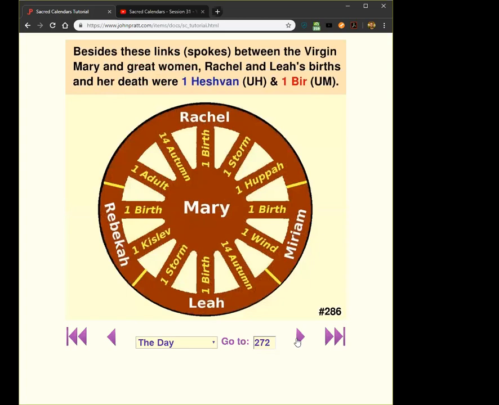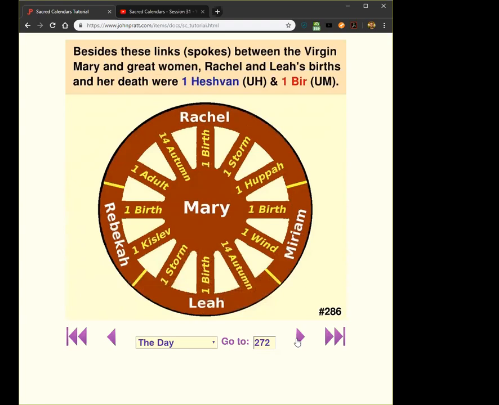Now, I've had this picture up before, how Mary is tied to Rachel, Miriam, Leah, and Rebecca. Mary ties to all of them; she's like the hub of the wheel. She's the main woman in history. And these other women all link to her with at least a couple of holy days.